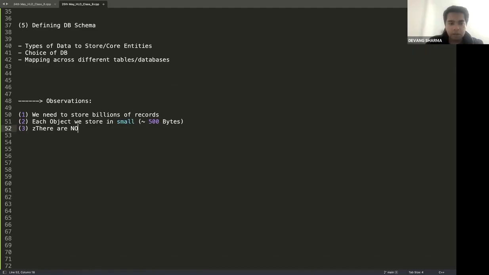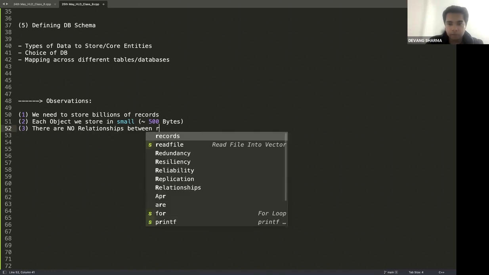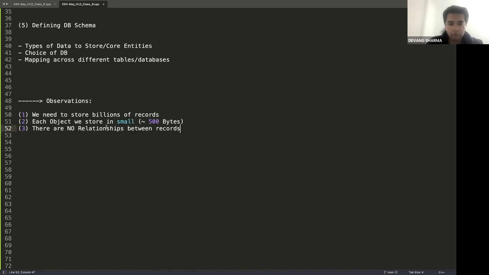There are no relationships between records. Yeah, cloud or on-prem doesn't make any difference here. We are talking about a system design. You can host it anywhere in any technology you want. Okay.